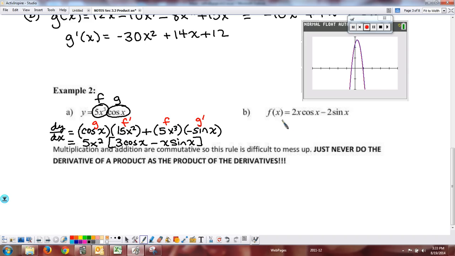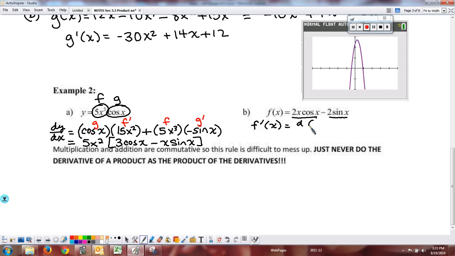Now, what you want to notice here is that you really first have a difference when you're looking at it. And the derivative of a difference is the difference of the derivatives. You can distribute over that. So if we were going to start this process to take the derivative, this one is kind of difficult.